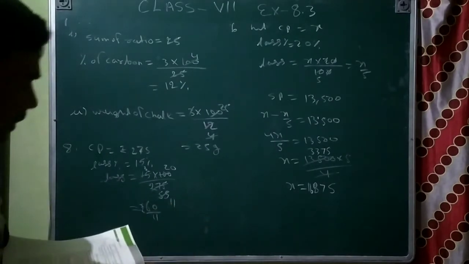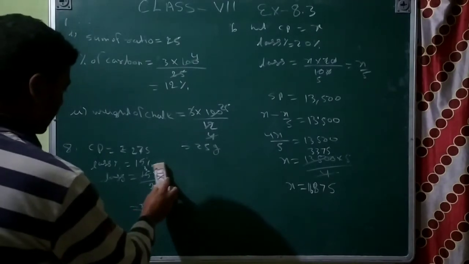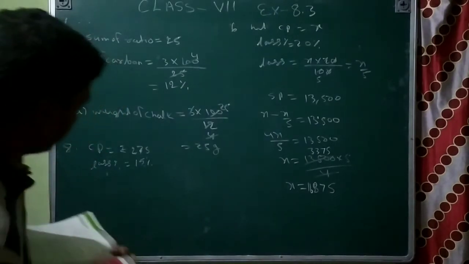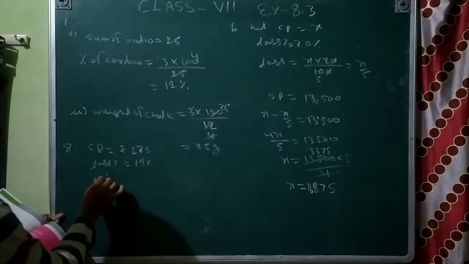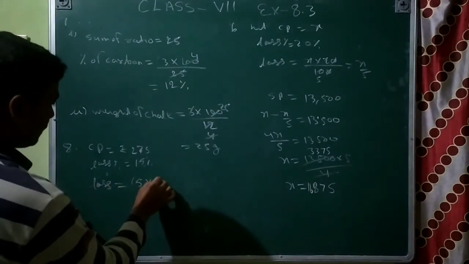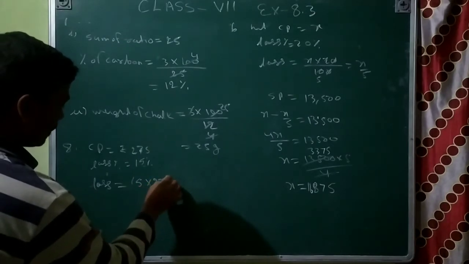Just wait, that loss we are finding here. So loss is equal to loss percentage multiply 275 upon 100.